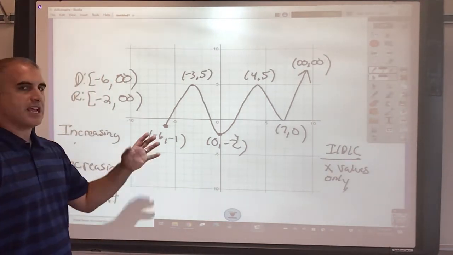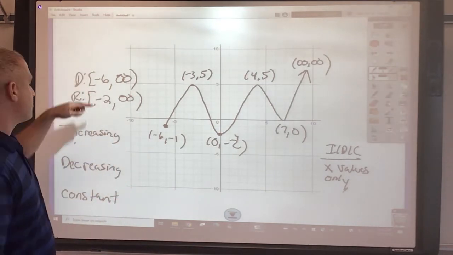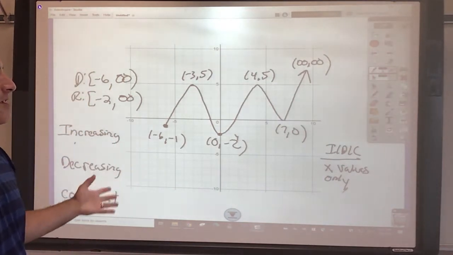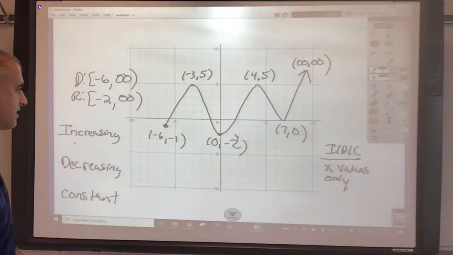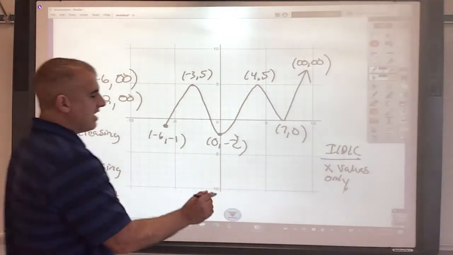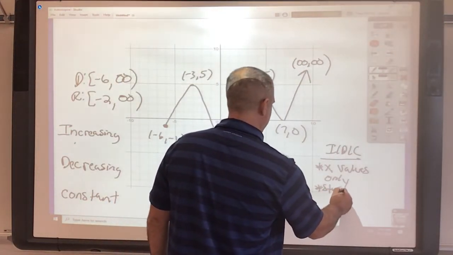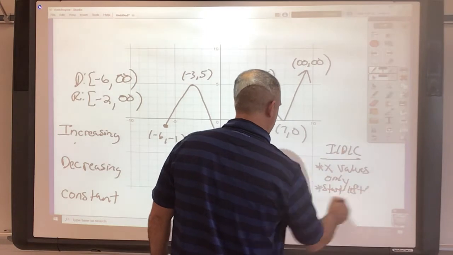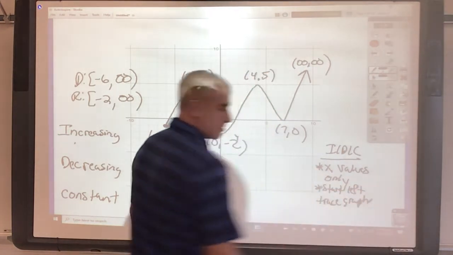As far as the interval part of it, as far as these brackets, it's not as important to be accurate with whether they're points or not, and I'll explain that in a second. Now, we want x values only, and we start from the left and trace the graph. Okay?